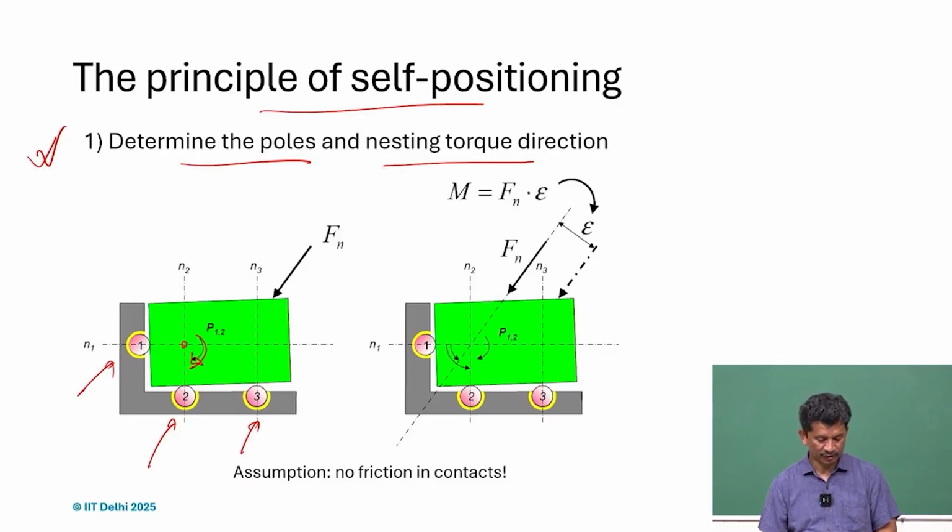To achieve that, whether a force is sufficient depends on whether it passes through that point or just a little away, by epsilon. You can see the torque is sufficient, so it has to lie in this direction, so that we get the torque at pole P12 that way, and that's why it has to be shifted to the right.